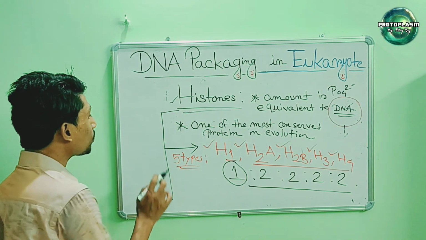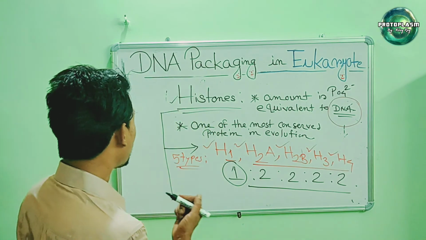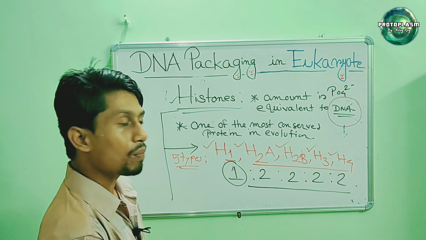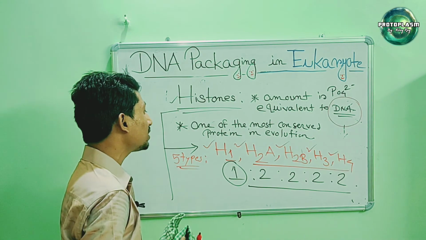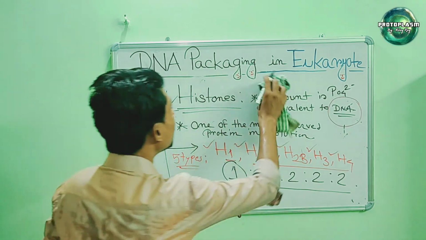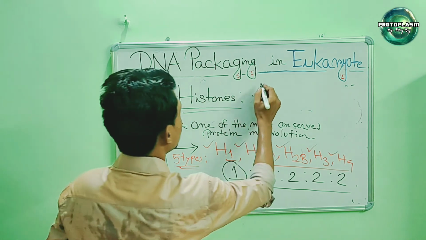But these histone proteins are sometimes replaced. In the sperm cells of various fish and other animals, they are replaced by another class of proteins known as protamines. What is the name? The name is protamine.